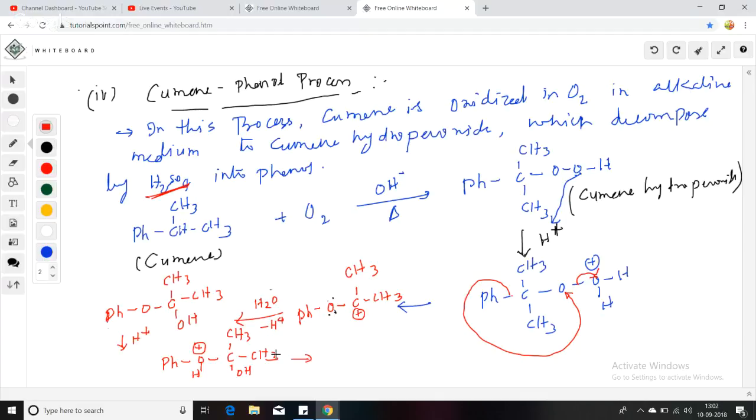Next, this positive charge is taken up by this oxygen here, so we'll get PhOH, which is nothing but phenol, and we'll get CH3 COH CH3 with a positive charge on this carbon atom. Better I write this.